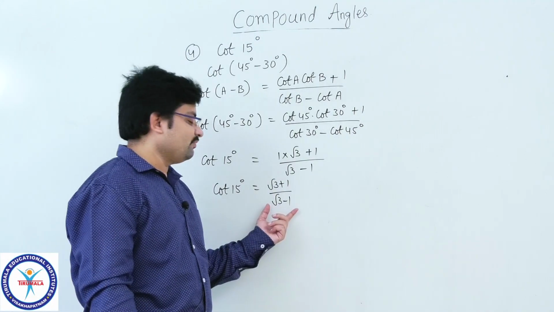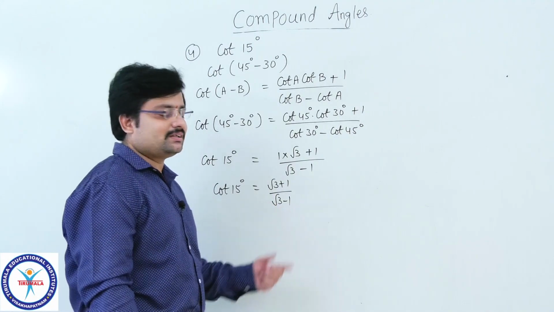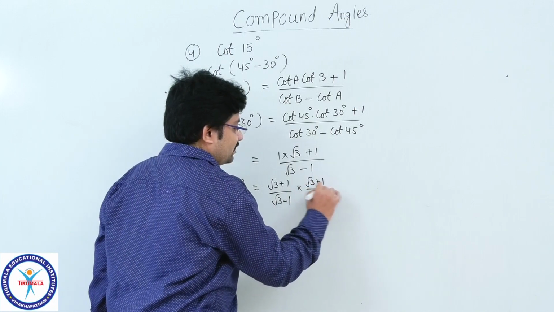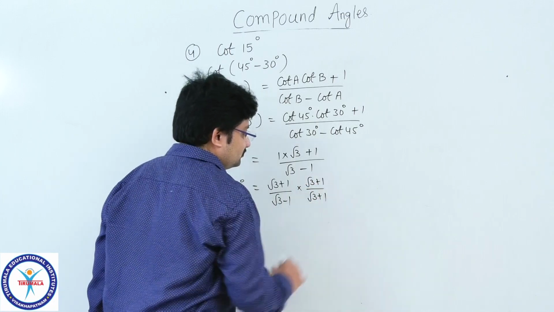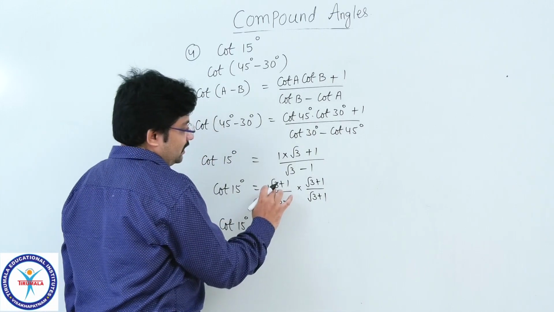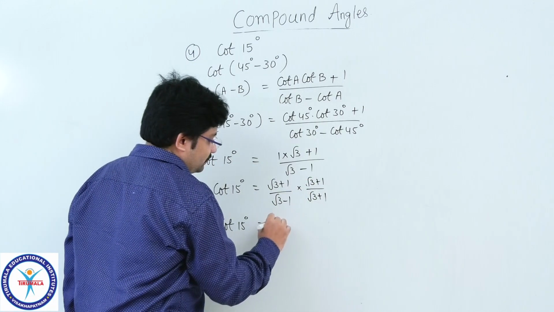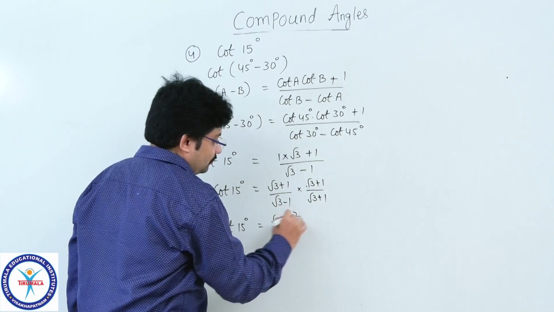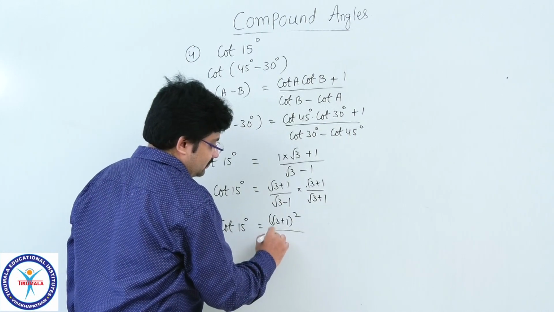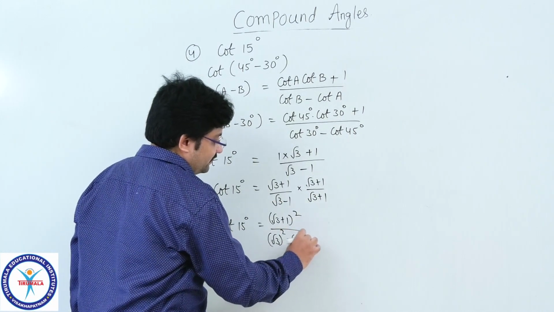So now here we need to rationalize the denominator. So you have to multiply and divide with root 3 plus 1. Therefore, cot 15 degrees is equal to (root 3 plus 1) into (root 3 plus 1), that is (root 3 plus 1) whole square, by (a plus b) into (a minus b), a square minus b square.